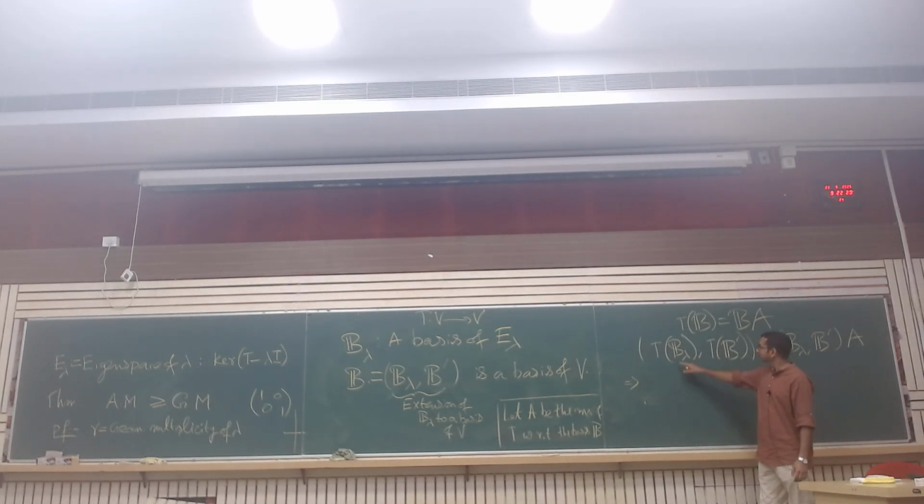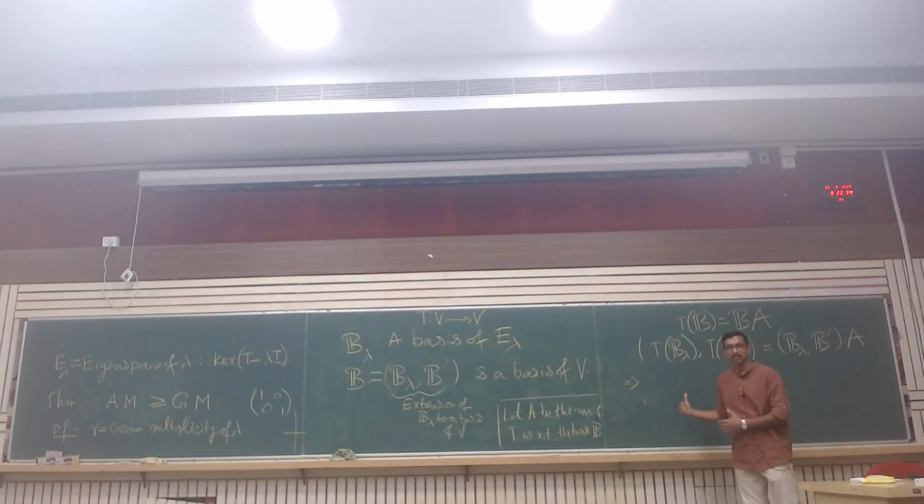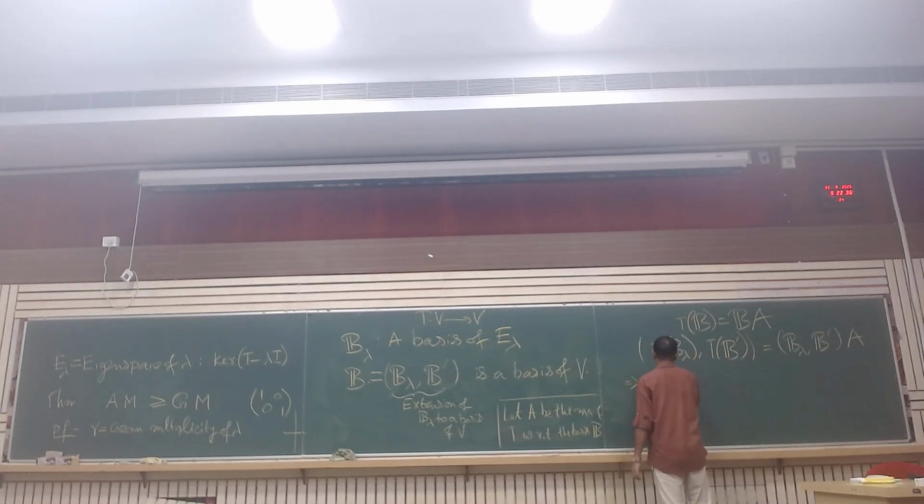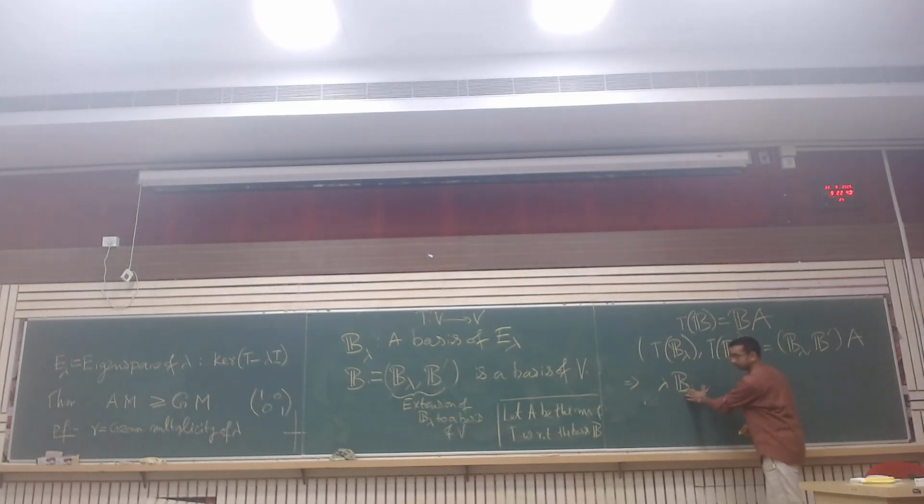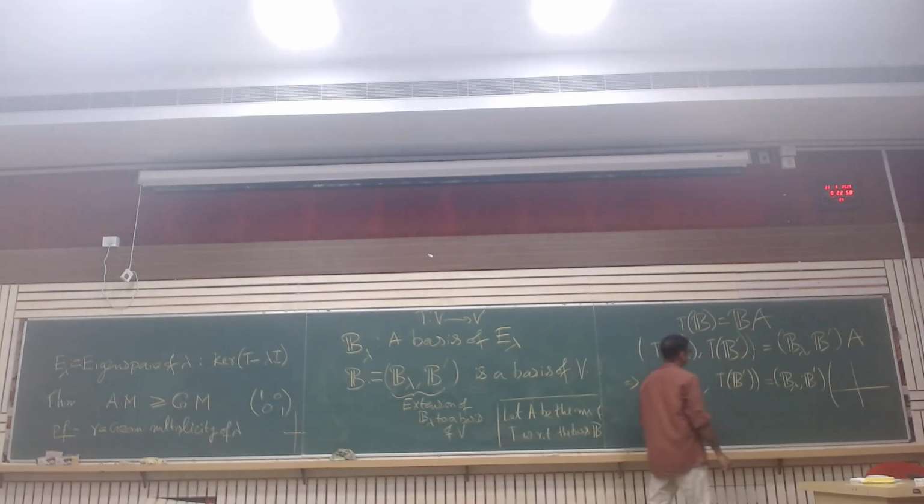Okay. So that means when you do T of B lambda, you are just getting lambda times all the vectors in this. Okay. So you can write this as lambda times B lambda, meaning you are multiplying with lambda all the vectors in B lambda. Okay. And this is T of B dash, you keep it as it is, and here you have B lambda, here you have B dash, and now you could see what form this matrix would have.